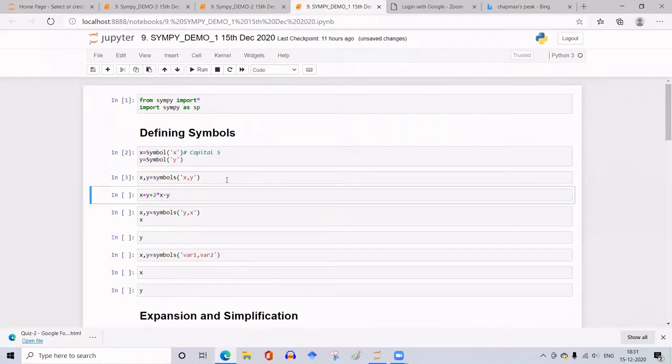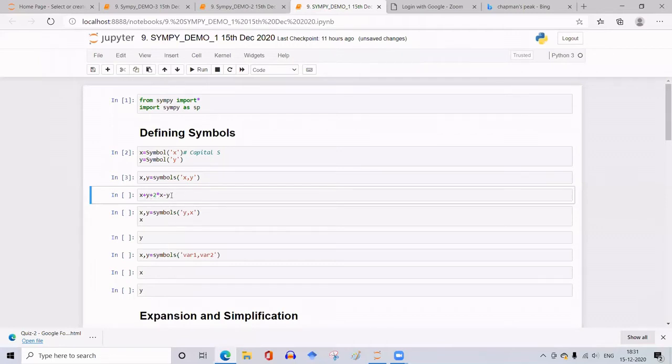So no syntax error. Next, I want to write this x plus y plus 2x minus y using these symbols. Already I have defined the symbols that appear in this expression: x and y are the symbols. So if I run this cell, it will give me the expression.